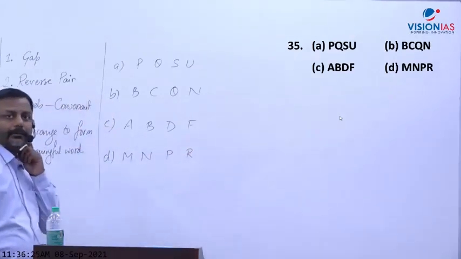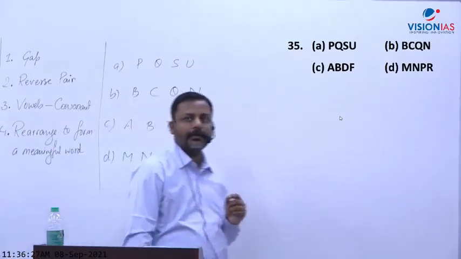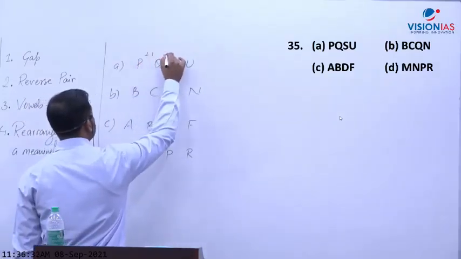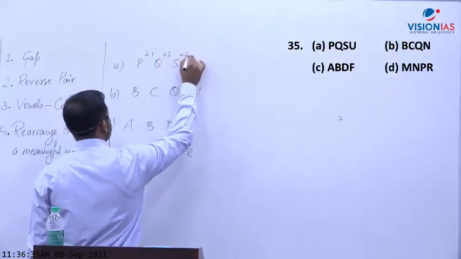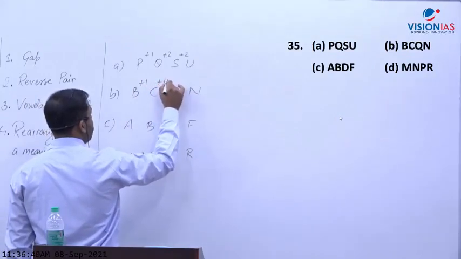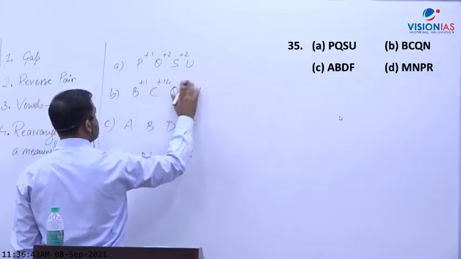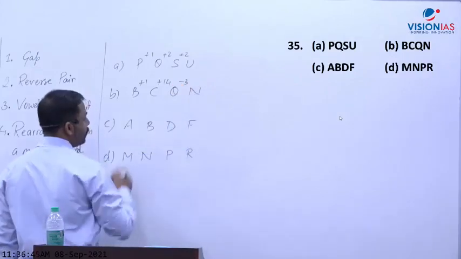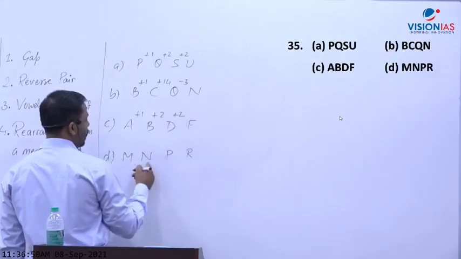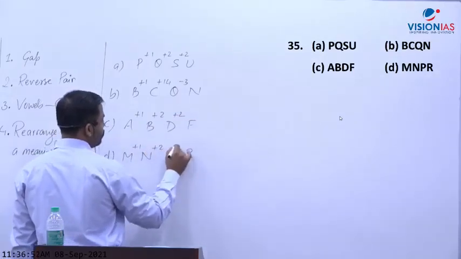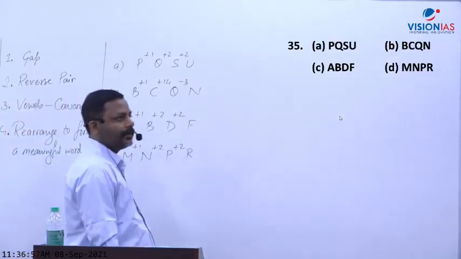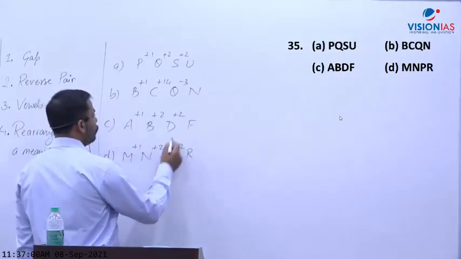If you correctly remember the alphabetical position of all the letters, then we can clearly see that P plus 1 is Q, Q plus 2 is S, and S plus 2 is U. Here, B plus 1 is C, C plus 14 is Q, and Q minus 3 is N. In this case, A plus 1 is B, B plus 2 is D, D plus 2 is F, and here also M plus 1 is N, N plus 2 is P, P plus 2 is R. So in rest of the cases the differences are 1, 2, 2.